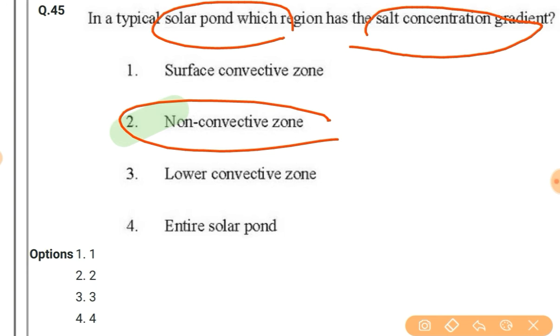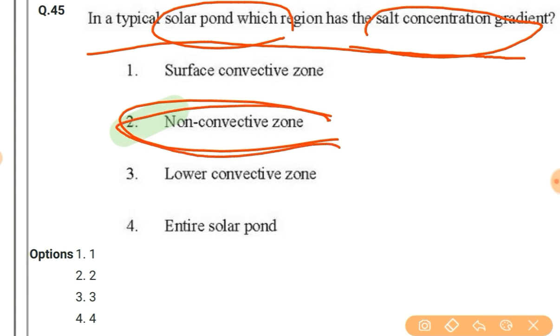So in a typical solar pond, the region which has a salt concentration gradient is the non-convective zone. The non-convective zone is made by designing the salt concentration gradient.